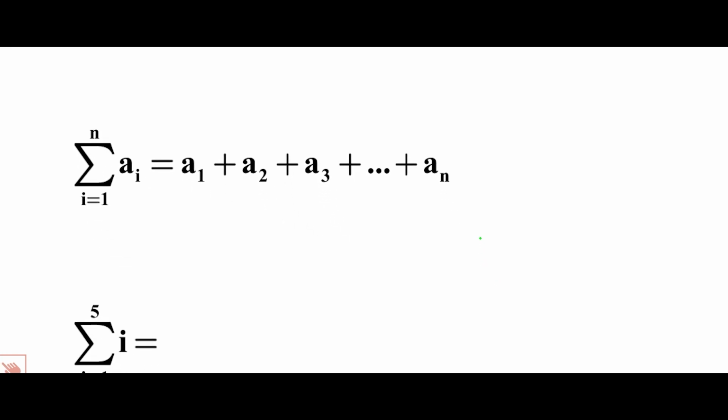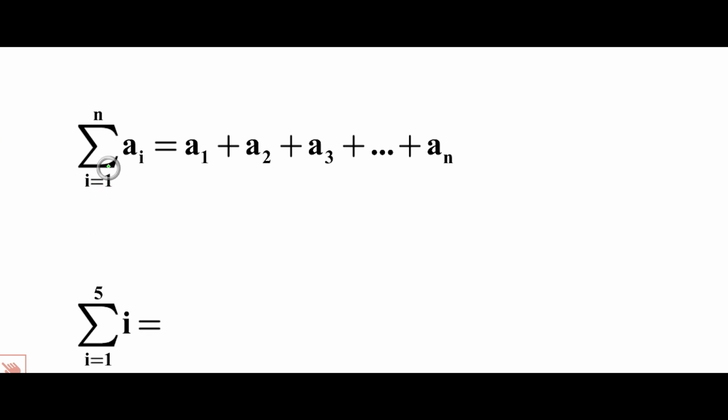So the sum of a_i from i equals 1 to n equals a_1 when i equals 1, a_2 when i equals 2, a_3 when i equals 3, and a_n when i equals n.